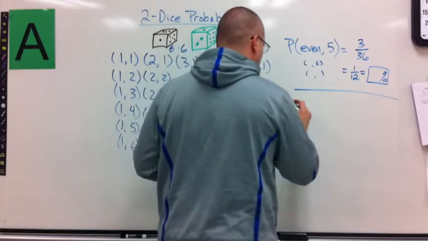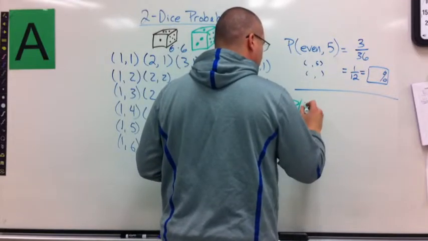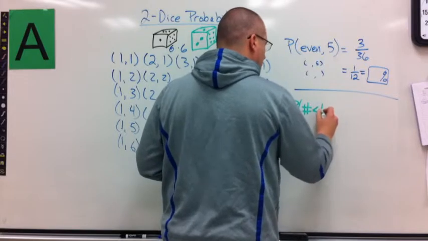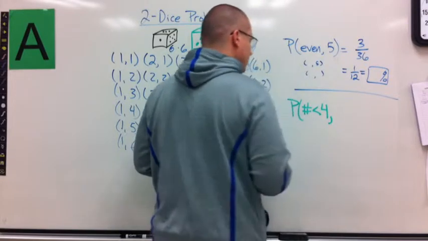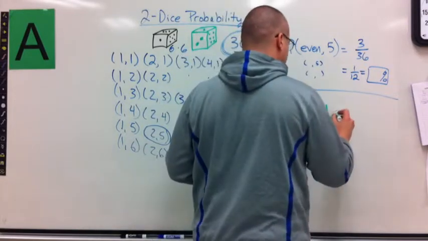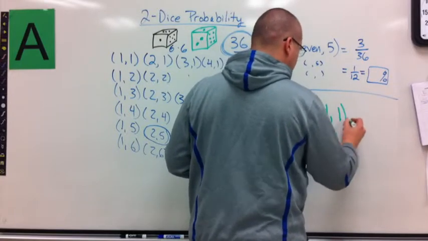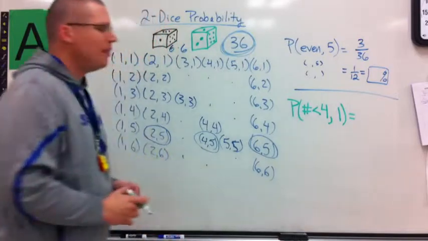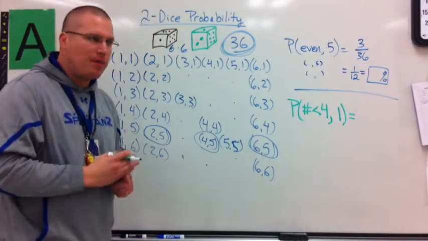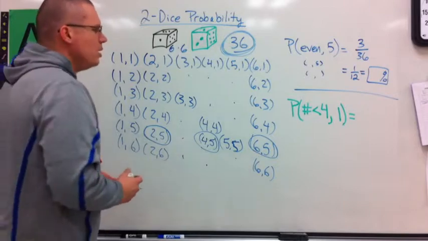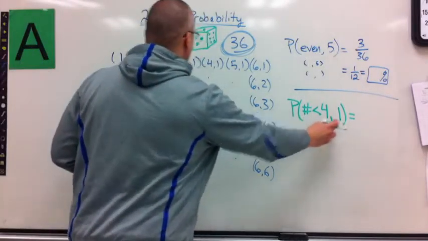Let's try a different one. Probability of a number smaller than 4, and let's not get too crazy here, and a 1. Probability of the first die being smaller than 4, and the second one must be a 1. So I'm going to start with the easier one, which is a 1.